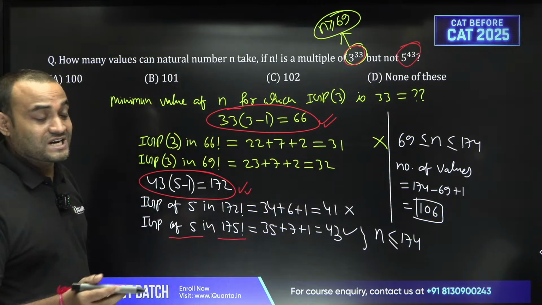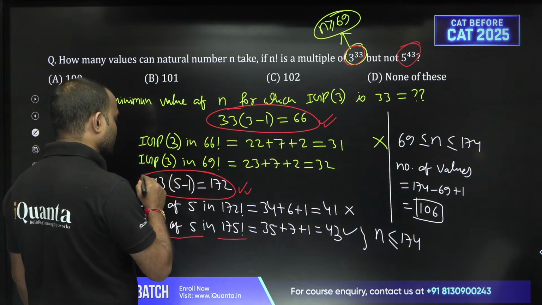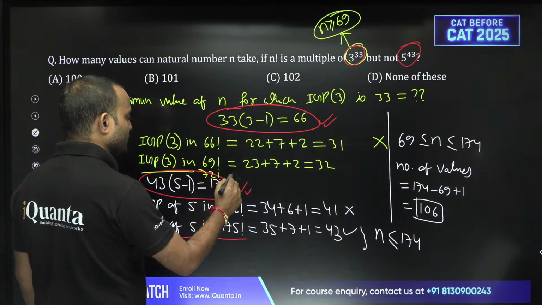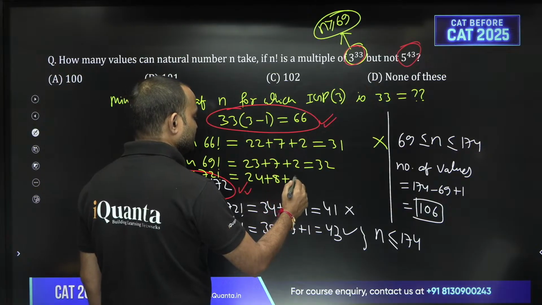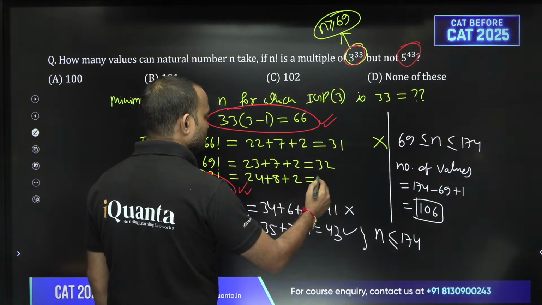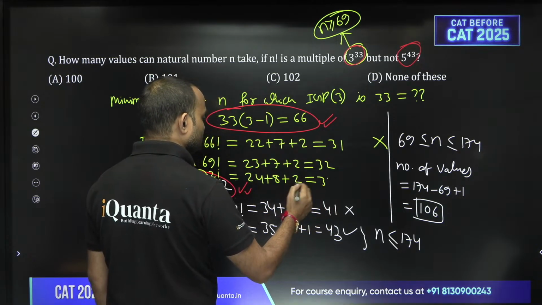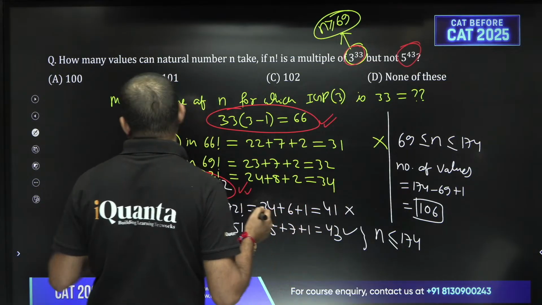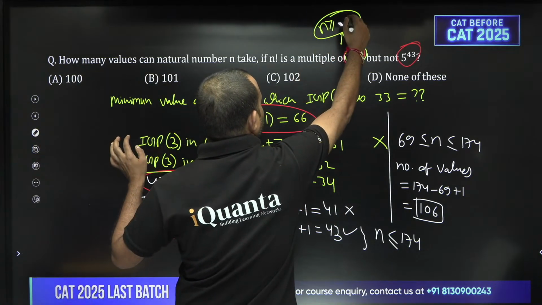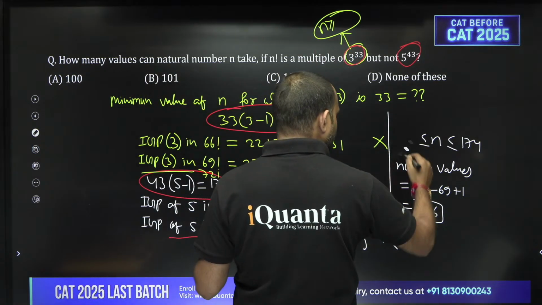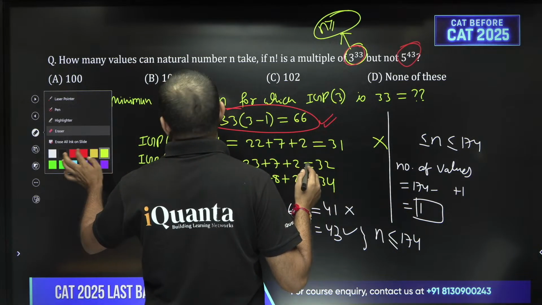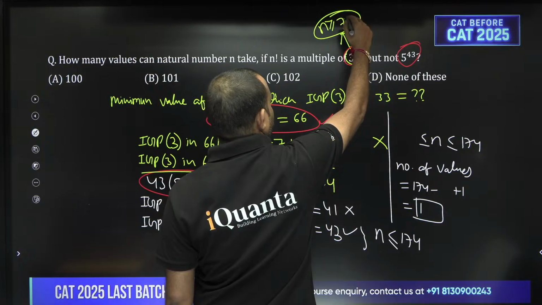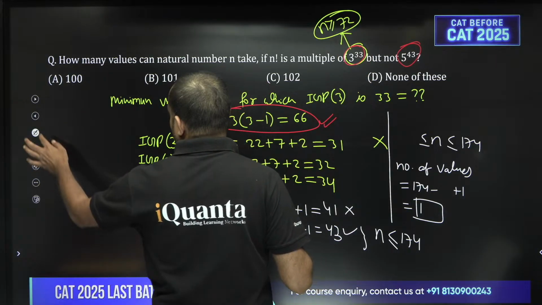Okay, we will have to check the next value, 72 factorial. So this will be equal to 24 plus 8 and plus 2, which is equal to 34. Okay, so n should be greater than or equal to 72, right? This will be 72.